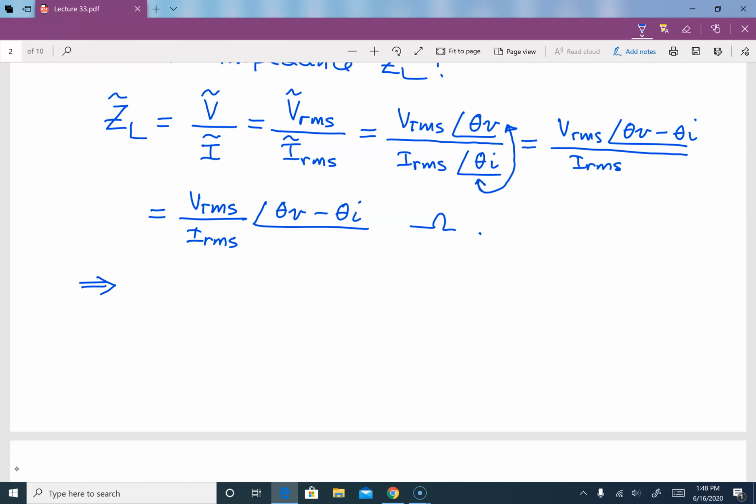So this will give us that our VRMS is equal to the load impedance times IRMS.